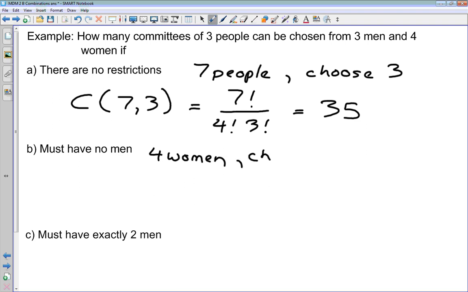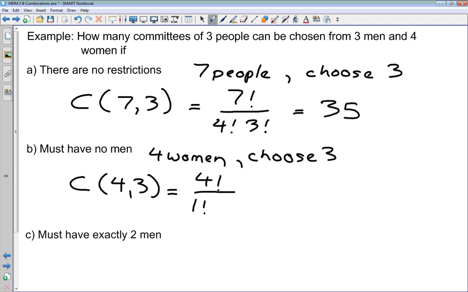Again, we want to choose 3 of them. So we want to have 4 choose 3, or 4 factorial divided by 1 factorial divided by 3 factorial, and this is just going to be 4.